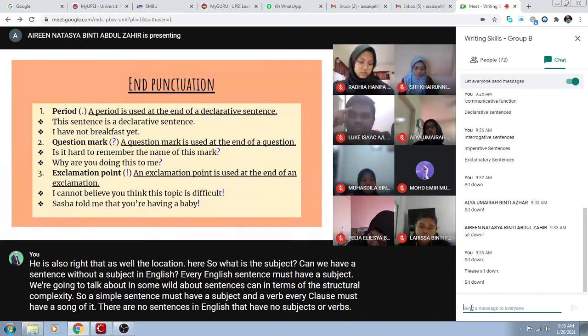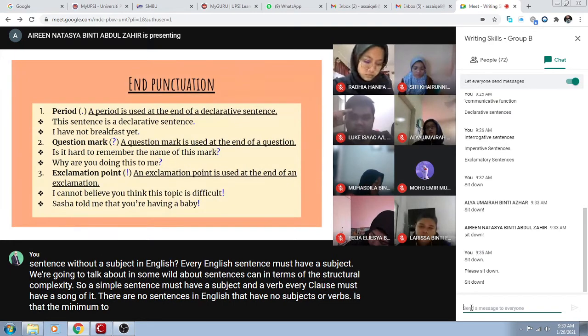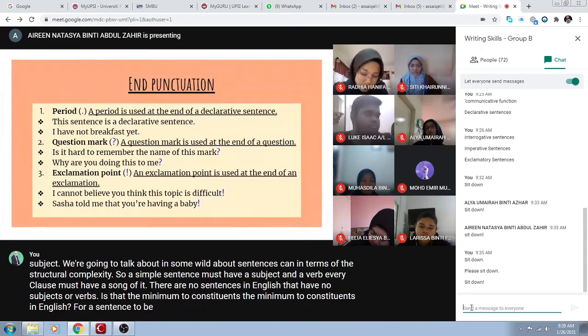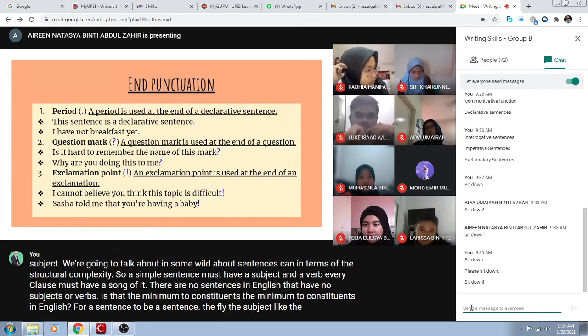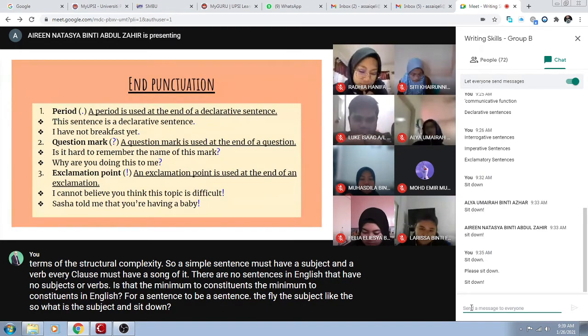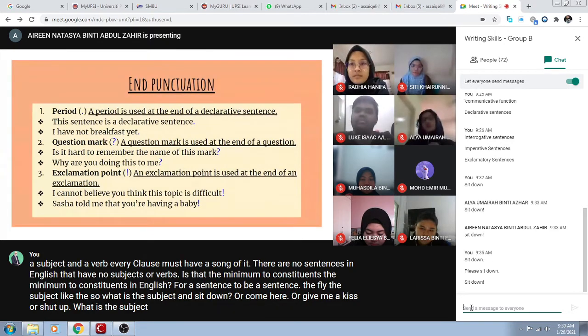These are the minimum two constituents for a sentence to be a sentence. Birds fly. Birds, subject; fly, verb. So where is the subject in sit down? Or come here? Or give me a kiss? Or shut up? Where is the subject in imperative sentences? Who is the subject?